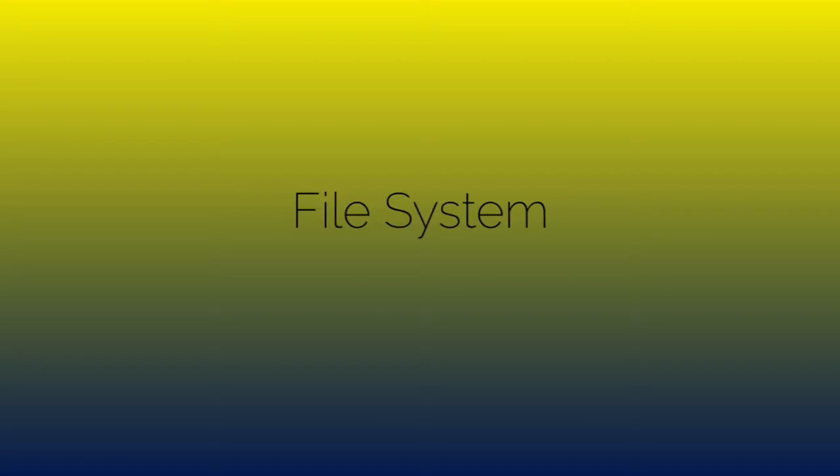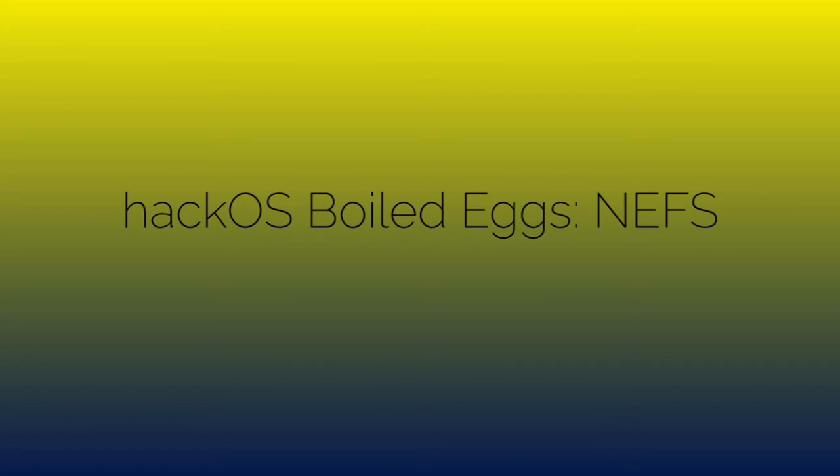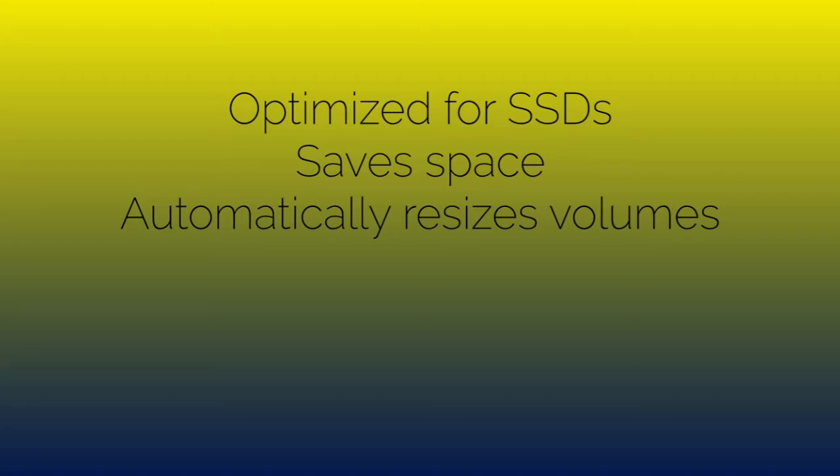So let's talk about the file system in HackOS 11 or HackOS boiled eggs. We currently have CFS Plus, which is the cumbersome file system plus in HackOS 11. We're updating to NEFS, Neon File System, today. It's optimized for SSDs.